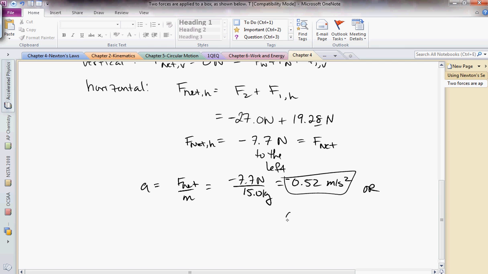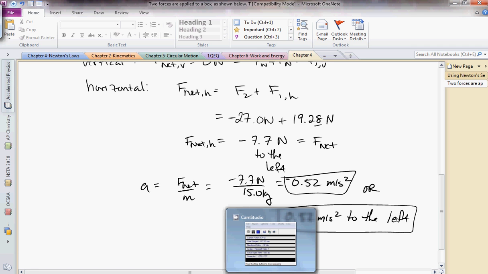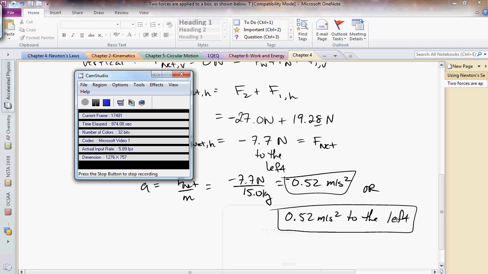Or you can just say 0.52 meters per second squared to the left, that is fine as well. And that is an introduction on how to use Newton's second law and forces in order to solve for an acceleration.